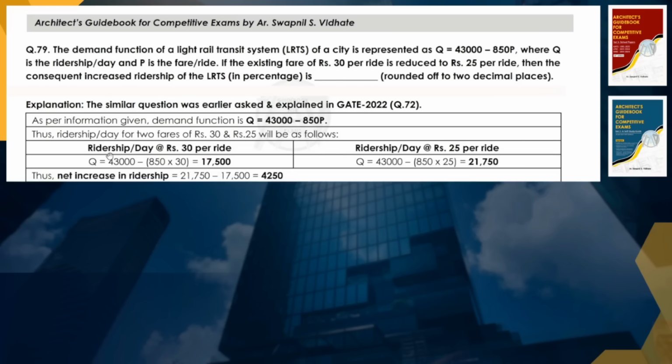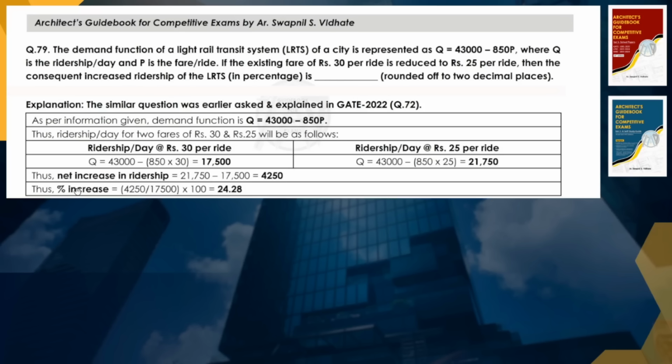The value of Q in the first case will be 17,500, and the value of Q in the second case will be 21,750. So what is the net increase in ridership? It will be 21,750 minus 17,500, which is 4,250.